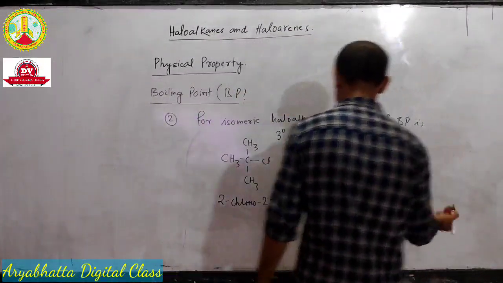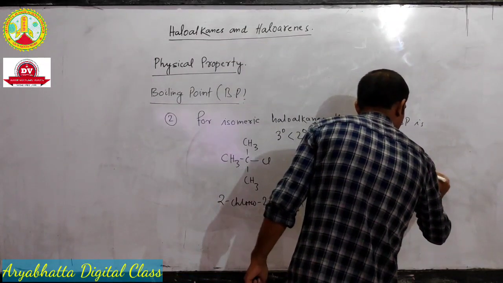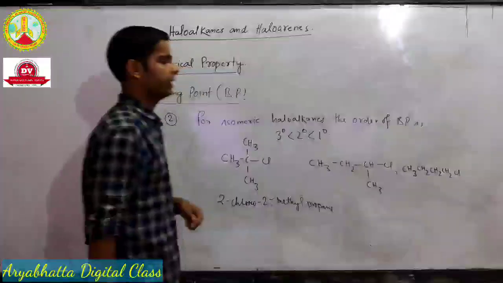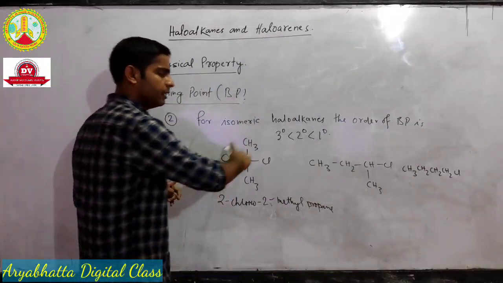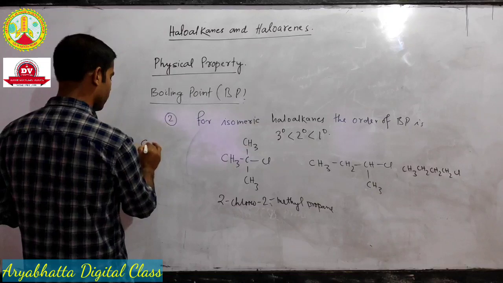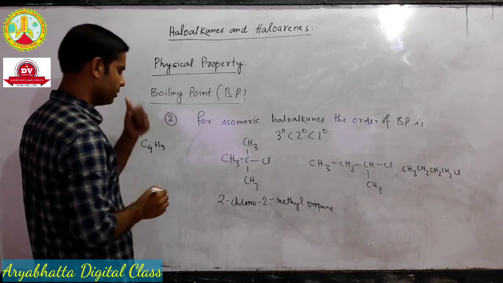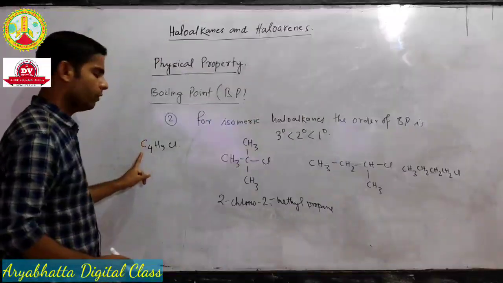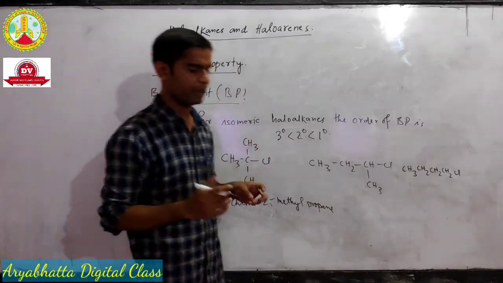Now we can have a 1 degree haloalkane also in a single chain like this, a 1 degree chloroalkane. If you compare the boiling points, they all have the same molecular formula. You can check that in all the molecules they have 4 carbons, 9 hydrogens and 1 chlorine, so they all have the same molecular mass.